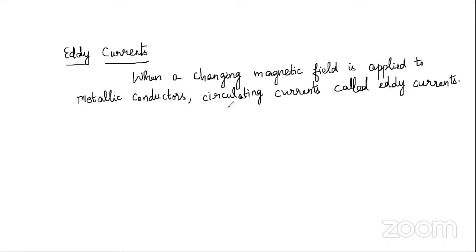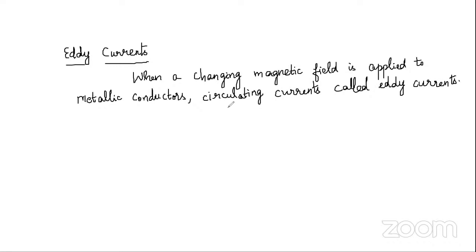There are many ways to reduce the eddy current loss, because eddy currents lead to unwanted generation of heat. One of them is to laminate the conductor. When you laminate the conductor, you can reduce the eddy current loss.